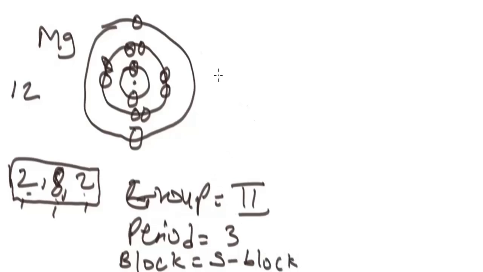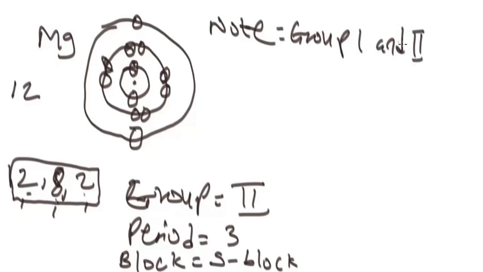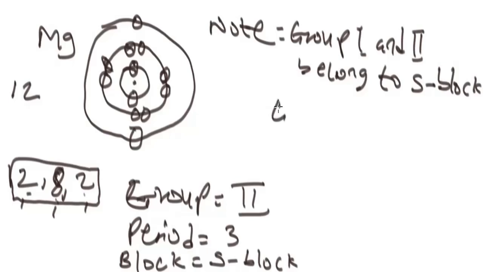Now note that group 1 and group 2 belong to the S block, whereas group 3 to group 8 belong to the P block.